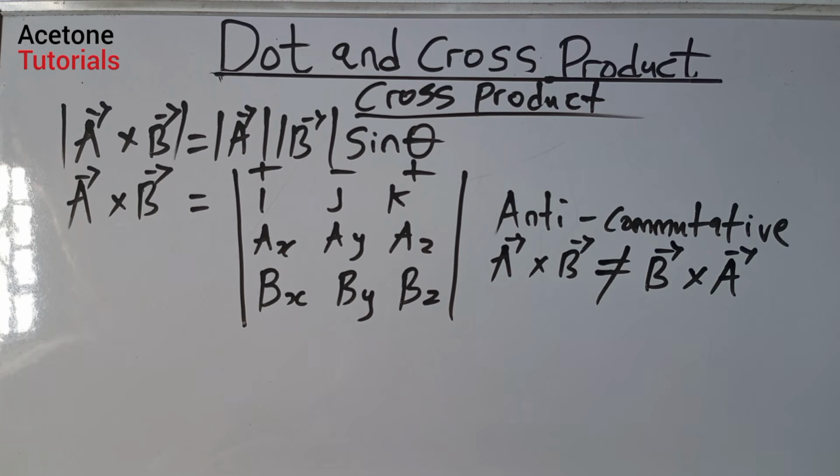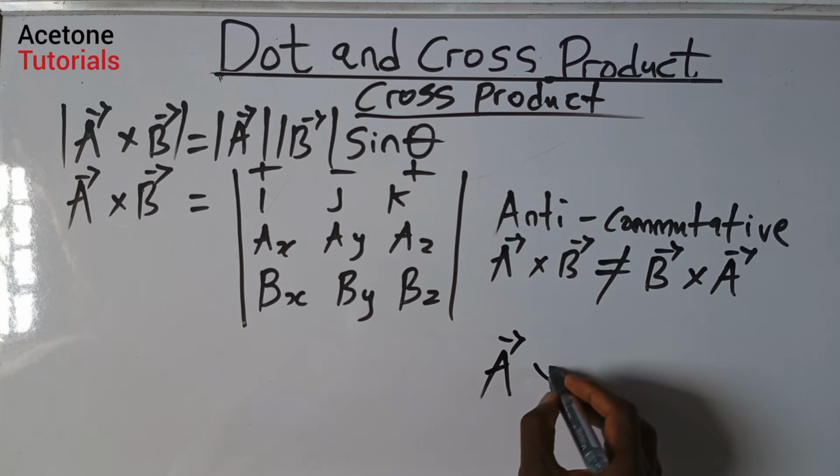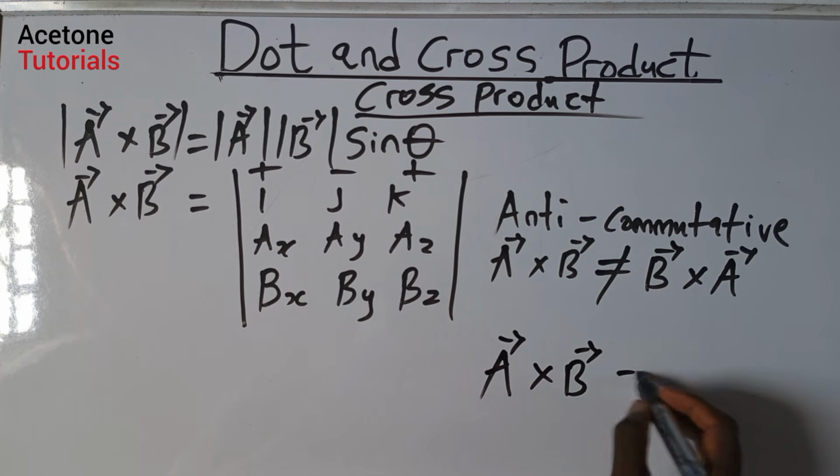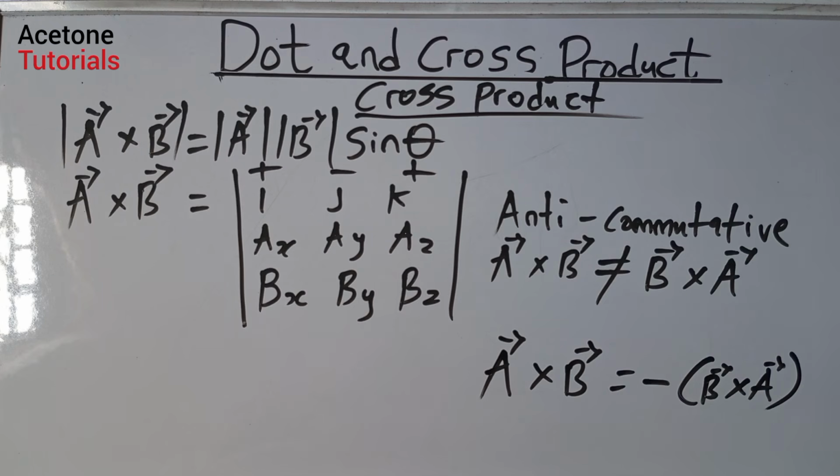In fact, A cross B is equal to minus B cross A. That is that. Cross product is anti-commutative.